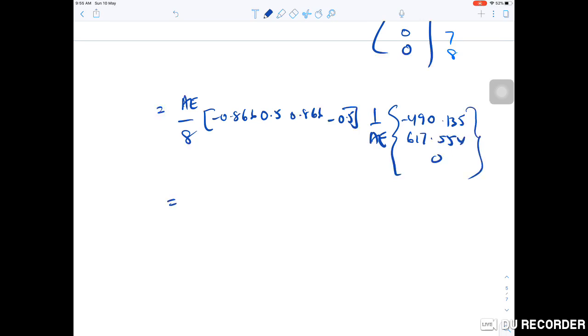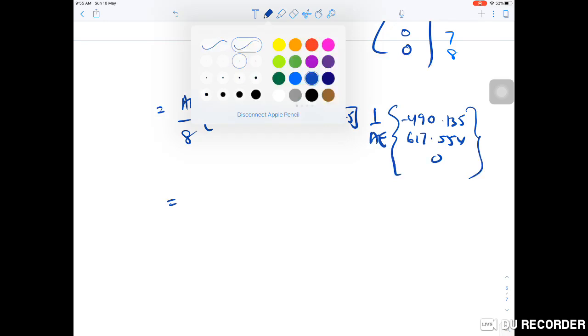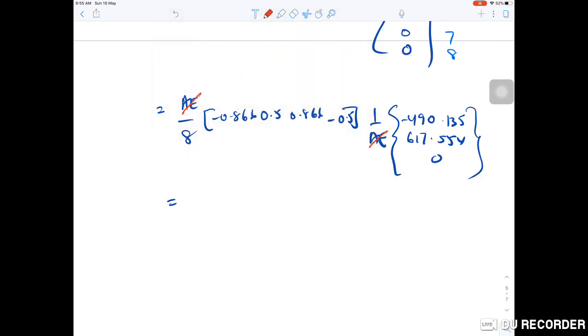Okay, so AE here will be cancelled. Okay, so we determine the value. It is negative 0.866 times negative 490.135, plus 0.5 times 617.554.